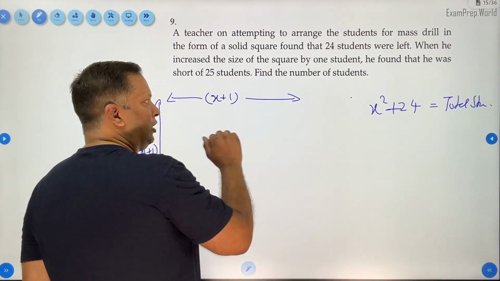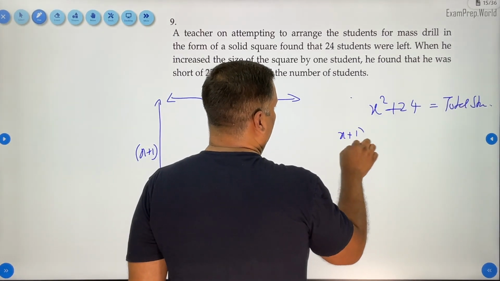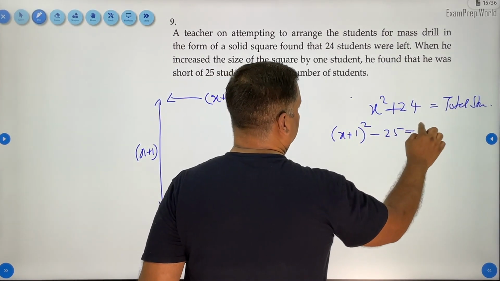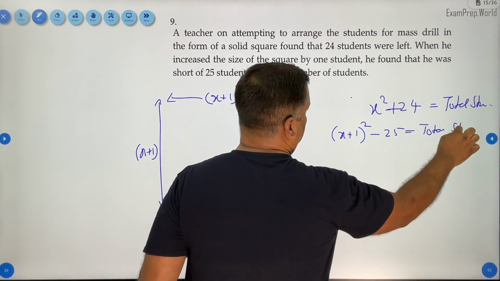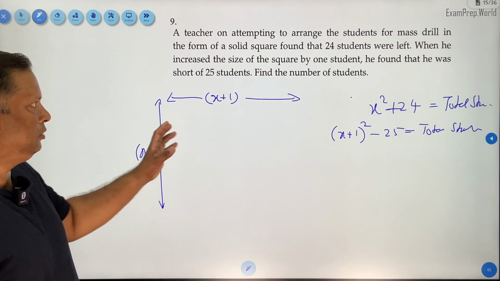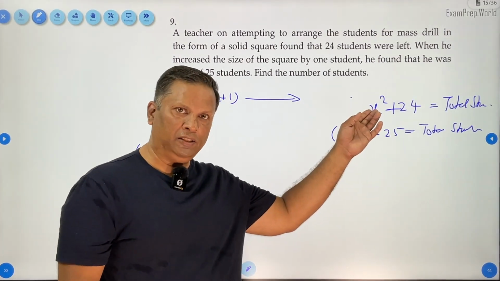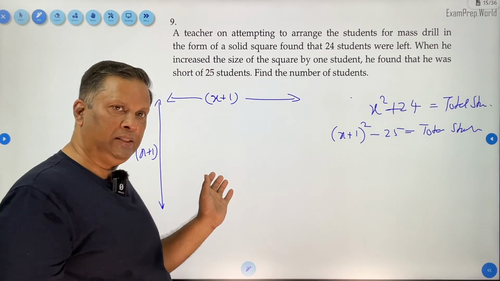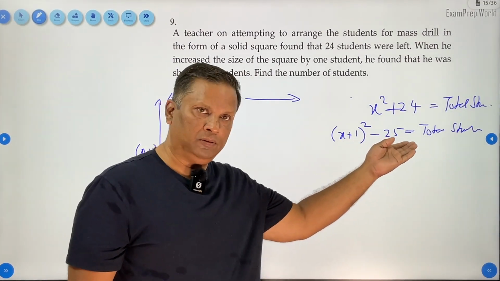So now total students are how much here? x plus 1 whole square minus 25. Total students. Okay? Now you know total students in both the cases. When she arranges x by x, she has extra 24. When she arranges x plus 1 by x plus 1 matrix, she has 25 less, right?